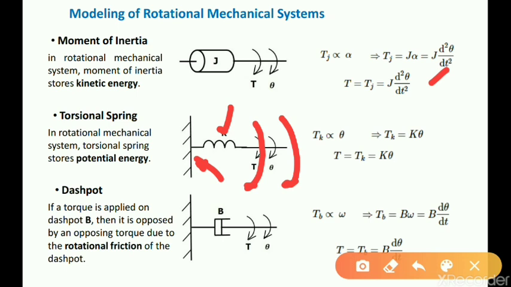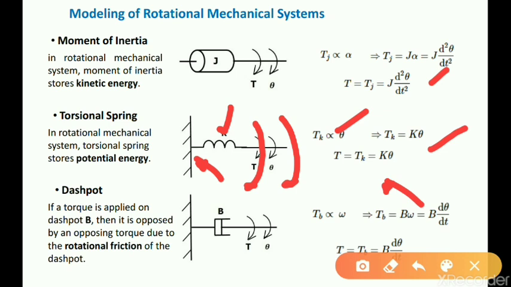So the opposing torque of spring is directly proportional to theta. Similar to translational, where F is directly proportional to x, but x is translational displacement, and here theta is rotational displacement. So Tk equals k theta. K is the stiffness constant for spring, and the applied torque equals the opposing torque Tk, that is k theta. This is all about the torsional spring.